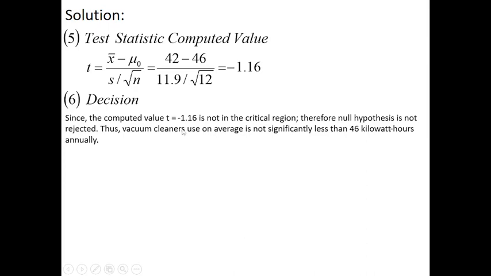Thus, vacuum cleaners use on average is not significantly less than 46 kilowatt hours annually. No? So that will be our conclusion. Vacuum cleaners use on average is not significantly less than 46 kilowatt hours annually. So that's it. So I hope you understand.